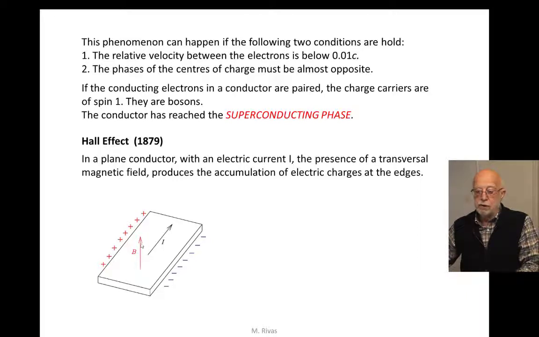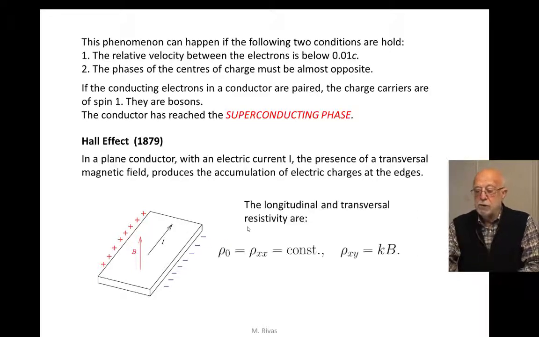We introduce an external magnetic field transversal to the conductor. Because of this magnetic field, electrons concentrate on this edge, leaving positively charged the other one. So there is a Hall potential difference between both edges.